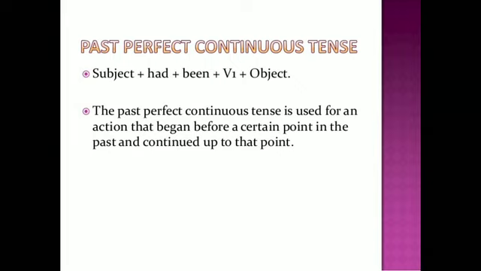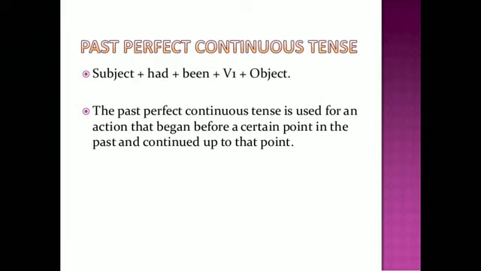So this tense is formed by placing had been plus first form of the verb ing. So subject plus had plus been plus first form of the verb plus object. So the past perfect continuous tense is used for an action that began before a certain point in the past and continued up to the point.